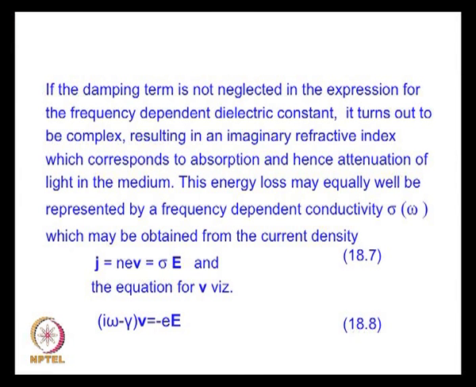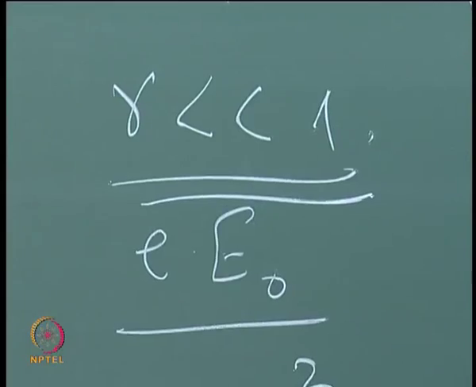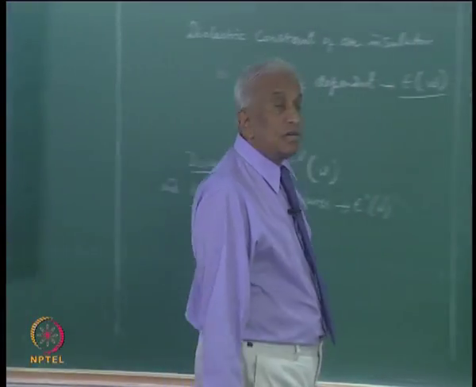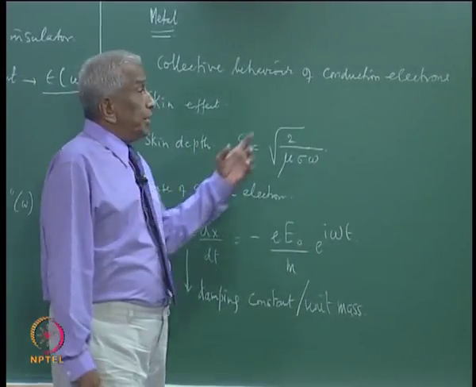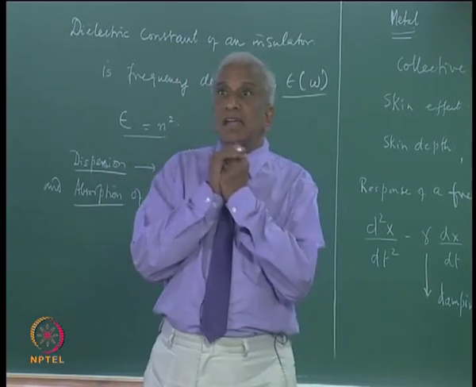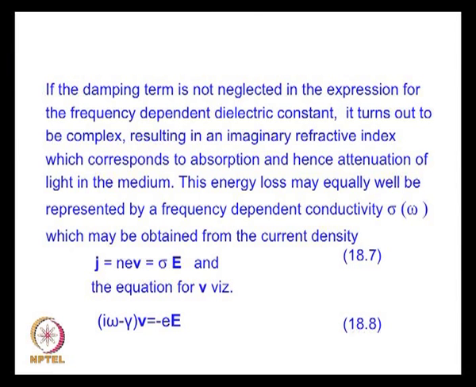Now, in this treatment we have taken gamma as very small compared to 1 and neglected the damping term. If the damping term is not neglected in the frequency dependent dielectric constant, then epsilon of omega turns out to be complex, and this results again in an imaginary refractive index, which corresponds to absorption and hence attenuation of light in the medium.